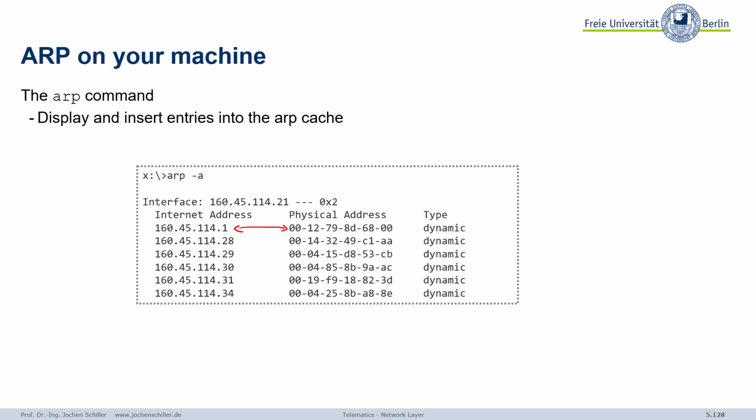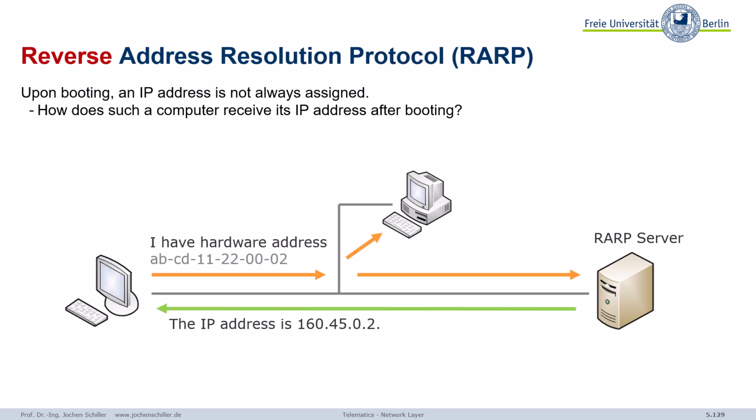Okay, there's also the reverse operation. Just to show you this and then give you some hints why this is not really necessary. There is a protocol, the Reverse Address Resolution Protocol, and this can be used if the machines don't know their IP address.